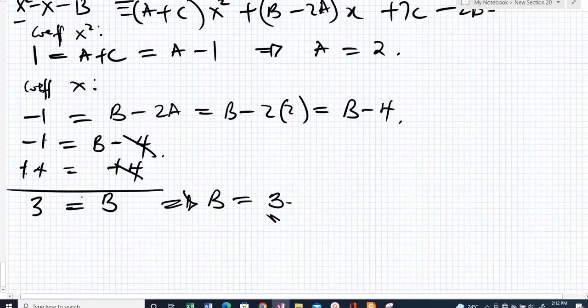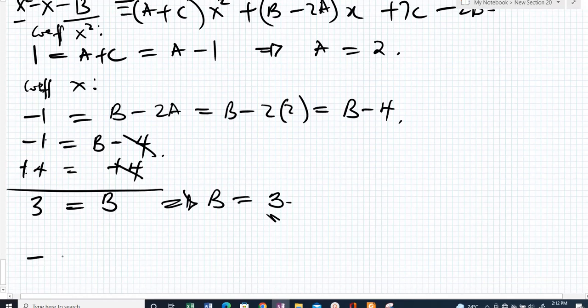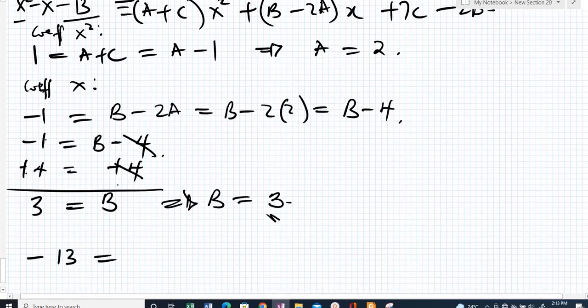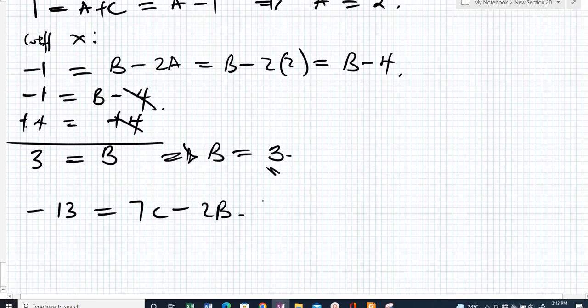So now let's see if it's correct. We have this constant to be minus 13, the coefficient of x raised to power 0. On the left hand side is minus 13. On the right hand side is 7c minus 2b. Now let's see if it's correct.